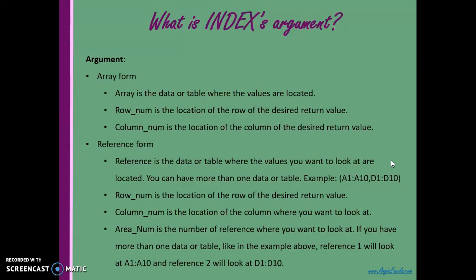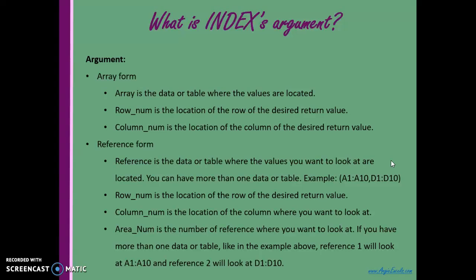Now the reference form. Reference is the data or table where the values you want to look at are. You can have more than one data set or table in multiple areas, and I will show that to you later on so it's clear. Row num is the same as the one above: it's the location of the row of the desired return value. Column num in the reference form, though, is the location of the column where you want to look.